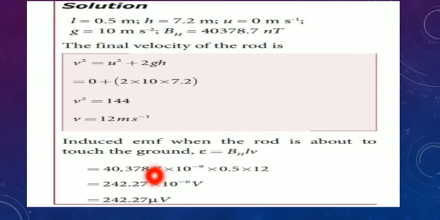It is 40378.7 into 10 power minus 9 because nano, into L value 0.5 and V value 12. Therefore, 242.27 into 10 power minus 6 volt. 242.27 is microvolt. Micro means 10 power minus 6.